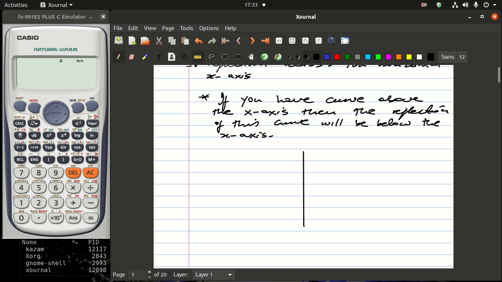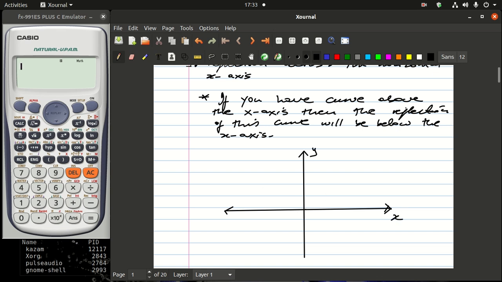Let me give you an example here. I want us to be as quick as possible when it comes to this particular lesson, because if we don't, we will end up not having enough time to finish the lesson. Okay, and then this is y and this is x.